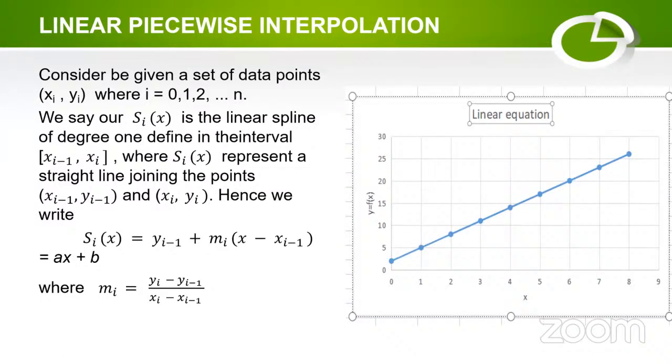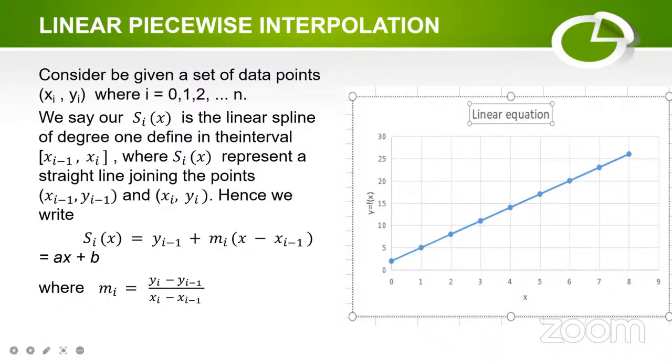Let's say we are not connecting these dots together, and we are asked to find the value of y between the points 0 and 1, say when x equals 0.9. To estimate y when x equals 0.9, we can draw a straight line to connect these two points together.